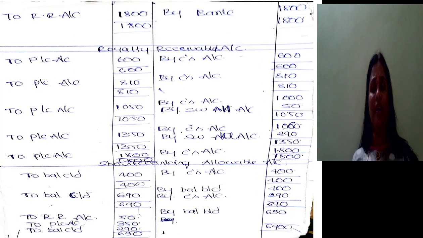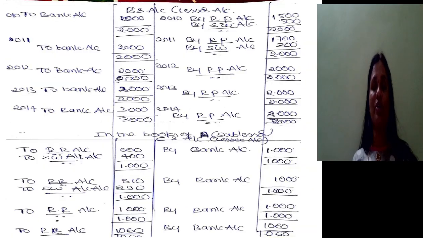So the total balance of 690 should be carried forward to next year as far as short working allowable is concerned. Next year, during the third year, by balance brought down 690. Royalty receivable will get closed by transferring it to profit and loss account, and A will get the amount from C: bank account debit to C's account 1000. So C's account gets closed.